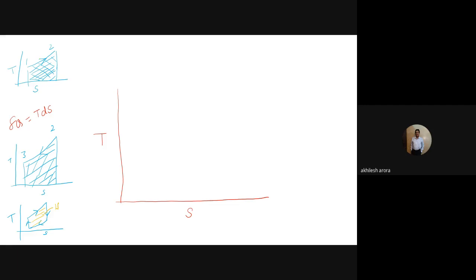This area, because the entropy is reducing in this particular case, represents heat rejected. So these are the three cases which I have presented here.